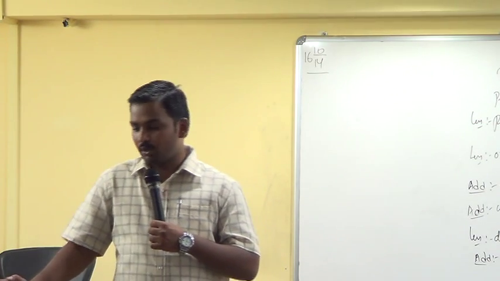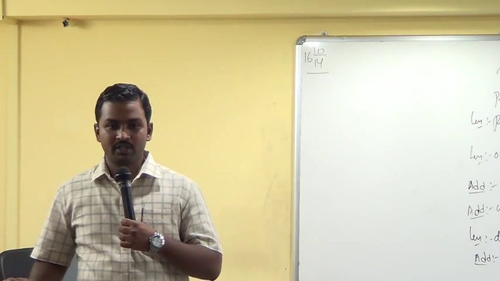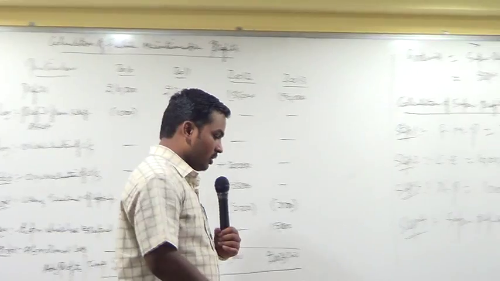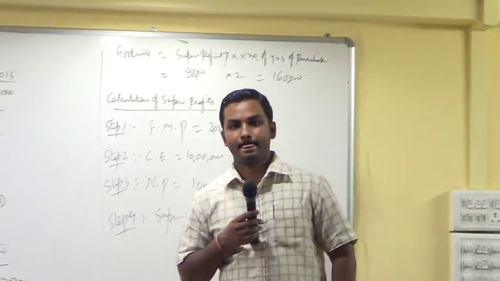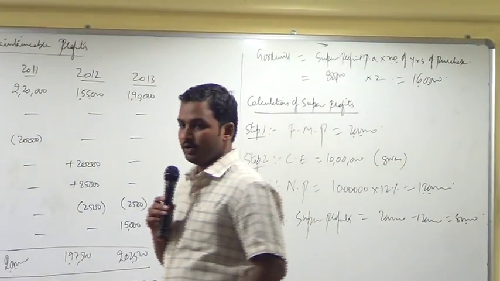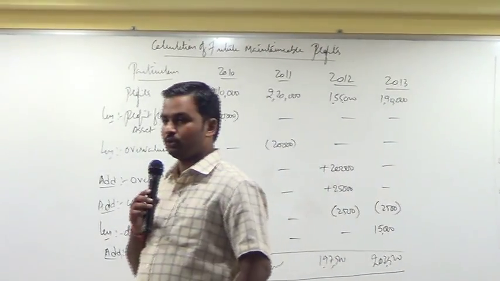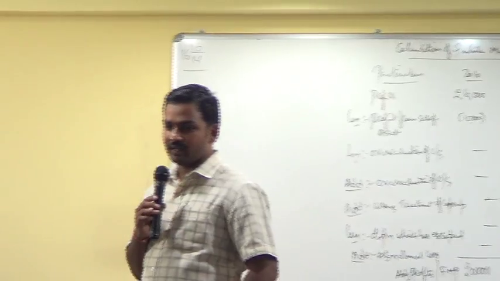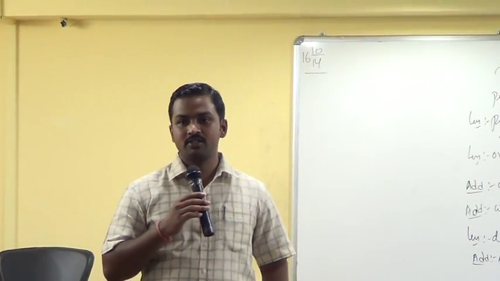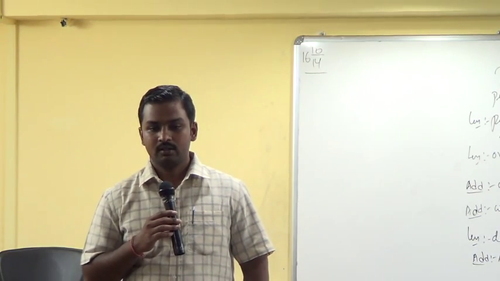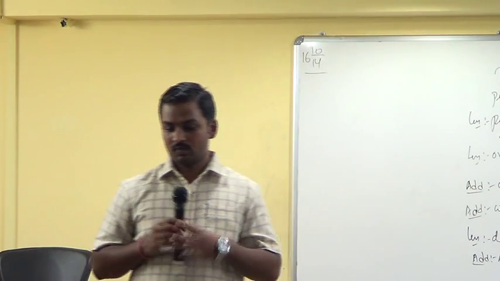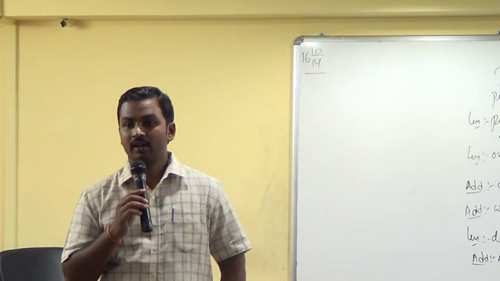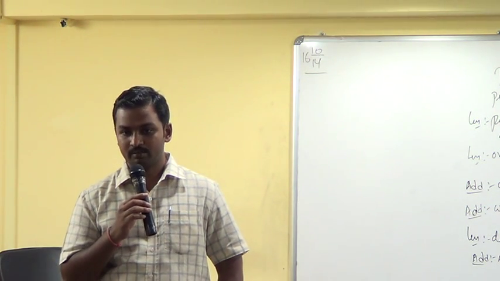Write down normal capital employed or capitalized profits is equal to average annual profits divided by NRR percentage, normal rate of return percentage.